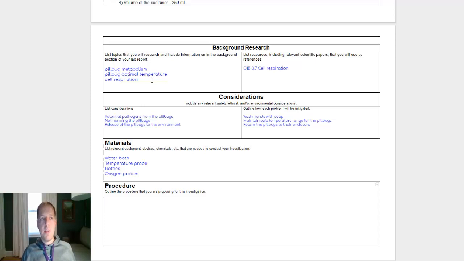That you know conceptually through your research the science behind what you're doing, that you have considered any potential ethical, safety, or environmental issues, and you are actively working to not let those be a factor in your experimentation, and that you've thought through precisely how you're going to carry out the investigation, what those steps are, and materials that you're going to use for it. If you've thought through all of those things very carefully, then you're probably going to have a much more successful investigation, and you're going to be done much more quickly because you'll already have planned out exactly how it's going to work.